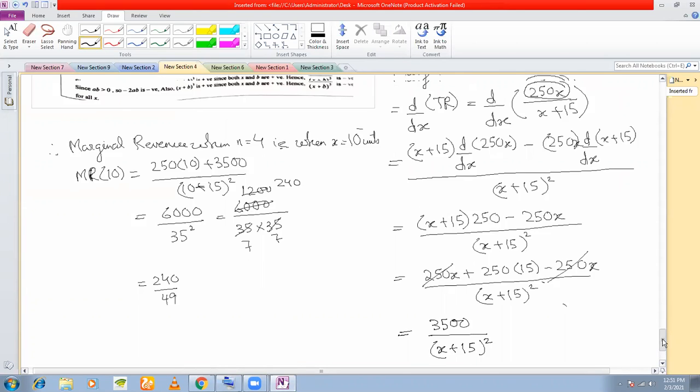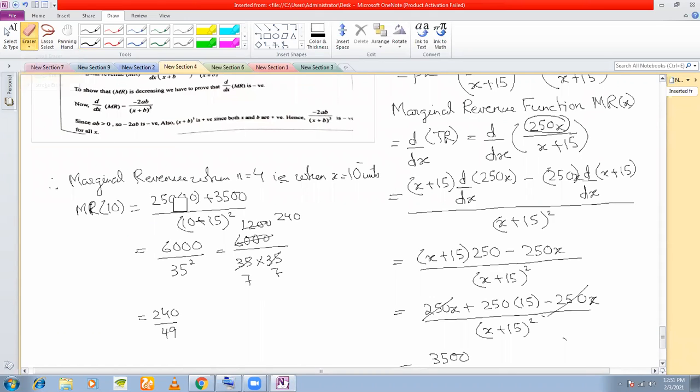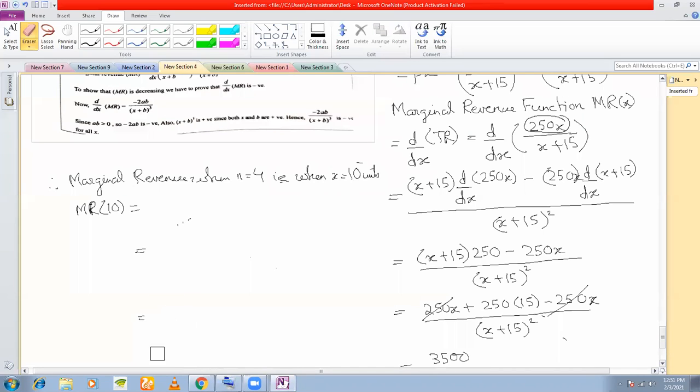Okay, now you put x is equal to 10 here, 3500 divided by 10 plus 15 square. So therefore the marginal revenue for n equal to 4, that is when x is equal to 10, is 3500 divided by 35 square. So this will be 3500 divided by 35 into 35.